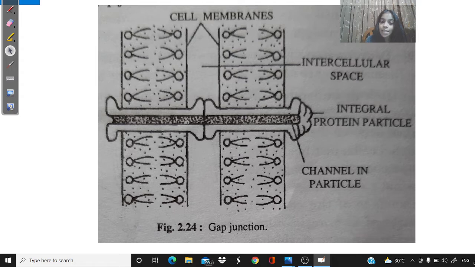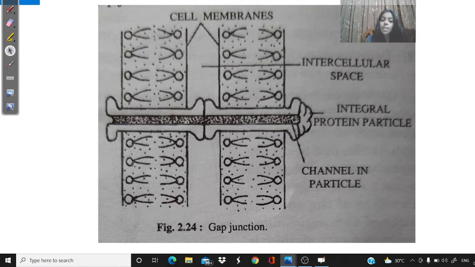What is happening is, see, this is one cell membrane, this one. This is another cell membrane. That means this is one cell and this is another cell. In between two cells, this is the intercellular space. Now, if the two cells need to communicate with each other, what do we mean by communicate?